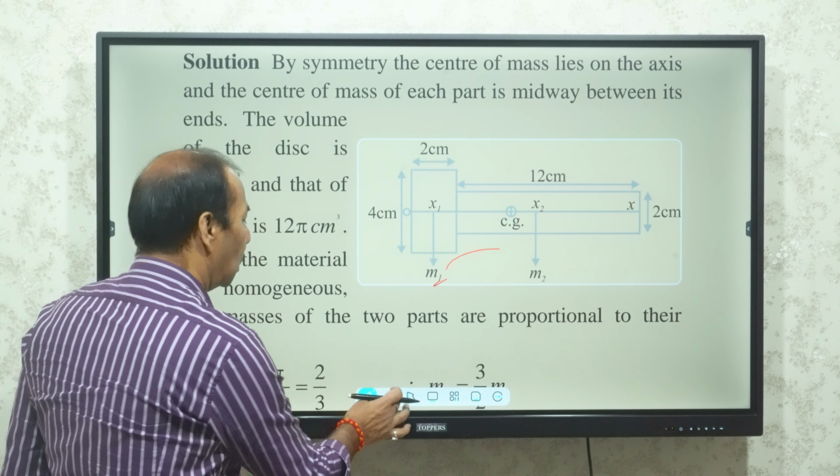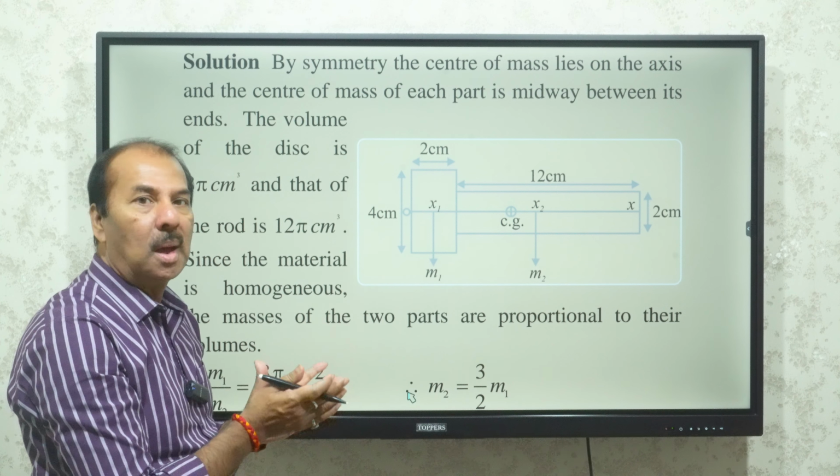Using all these relations, we can calculate the center of mass of the entire system.